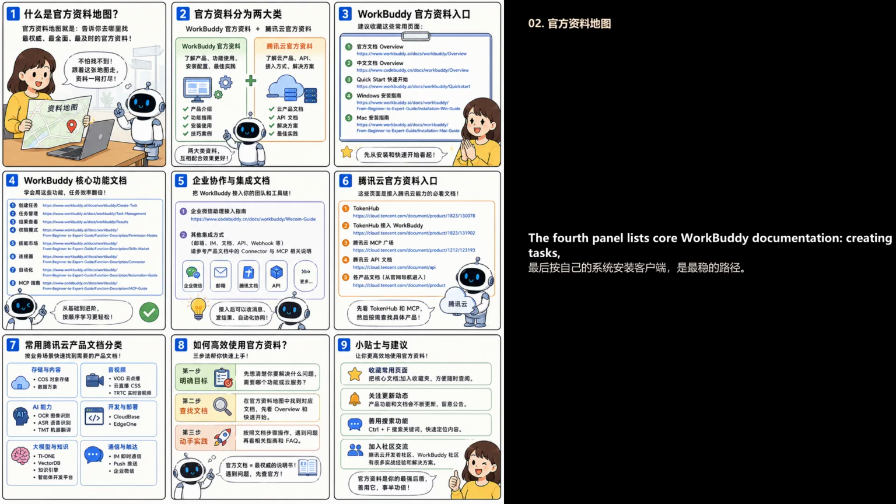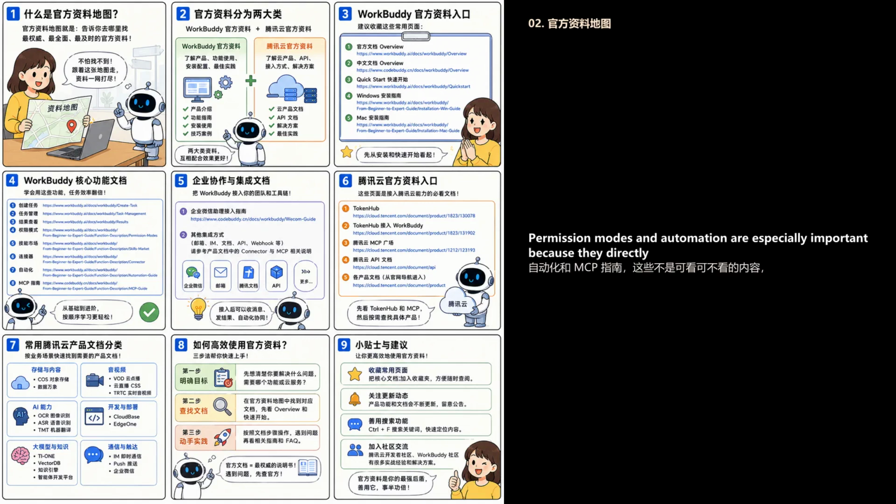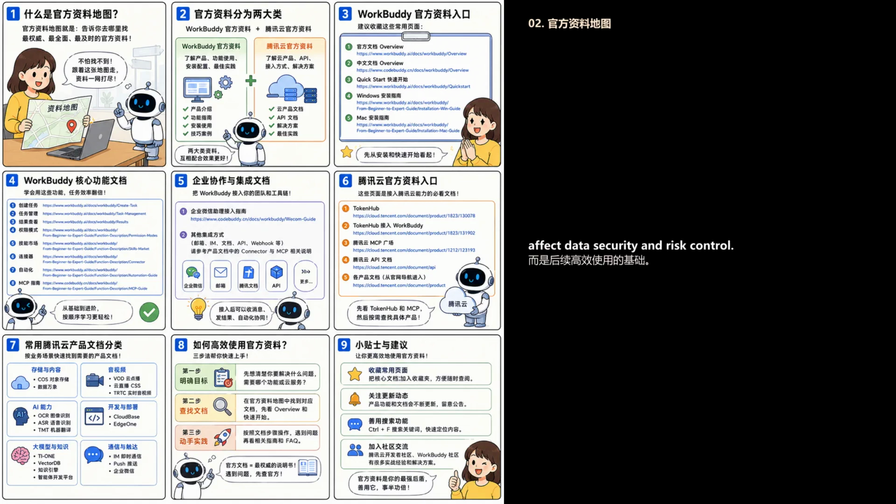The fourth panel lists core WorkBuddy documentation: creating tasks, task management, results, permission modes, skills market, connectors, automation, and MCP guide. These are not optional reading if you want to use WorkBuddy seriously. Permission modes and automation are especially important because they directly affect data security and risk control.